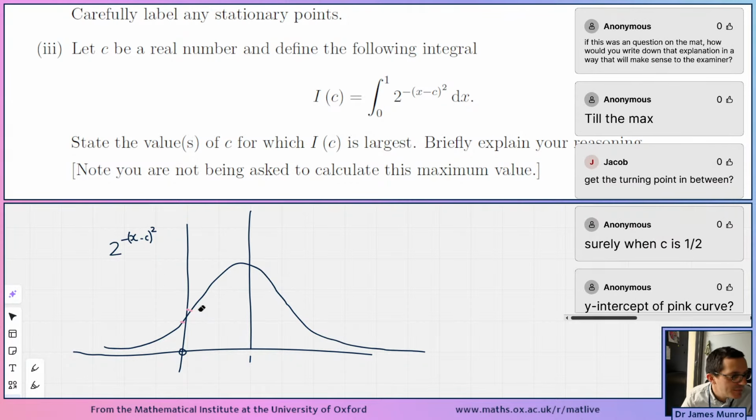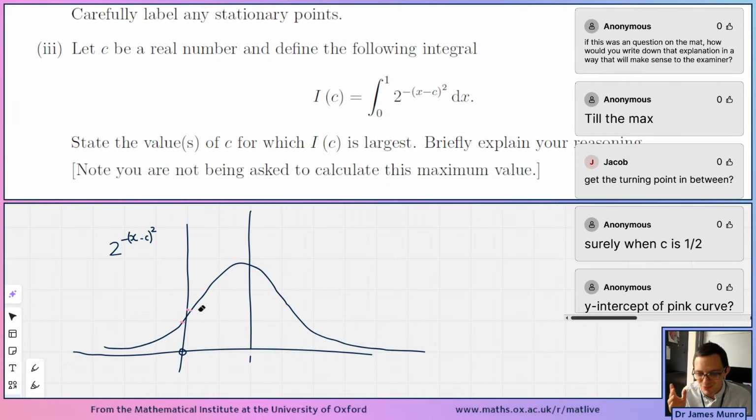If this were a question on the MAT, how would you write down that explanation in a way that will make sense to the examiner? Yes, I think I would do a sentence about how when c is 1/2, you get large values, relatively large values of the function 2 to the minus (x minus c) all squared.